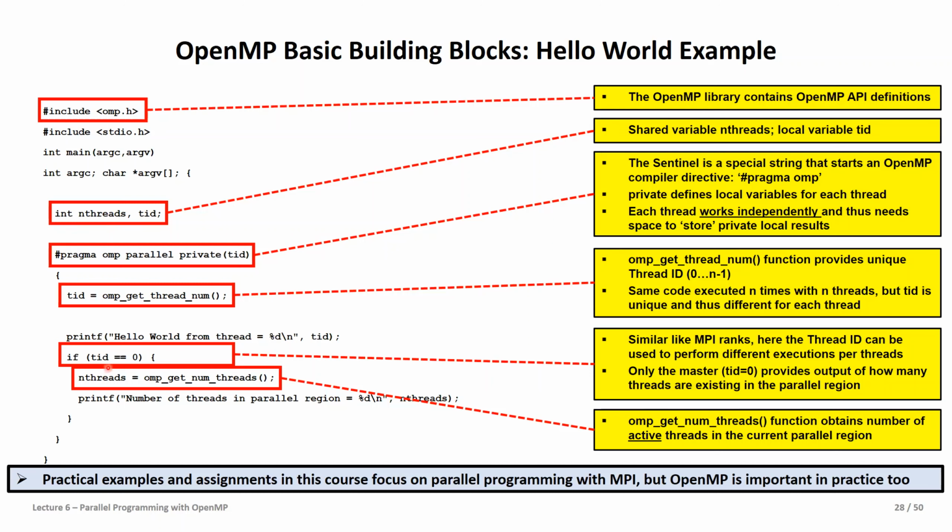And basically the OMP standard gives you also this get number of threads function, to get all active threads in this current parallel region, which is denoted by this pragma and by this bracket here. So basically stopping here and then on join, of course, this would not be accurate any more.